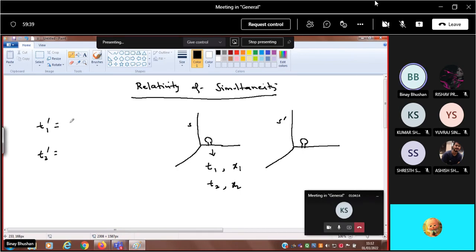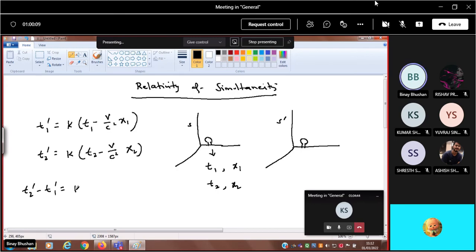So T1 prime will be equal to K (T1 minus V by C square X1), and T2 prime will be equal to K (T2 minus V by C square X2). Okay. Now let us try to find what will be the difference of time. T2 prime minus T1 prime will be equal to what?